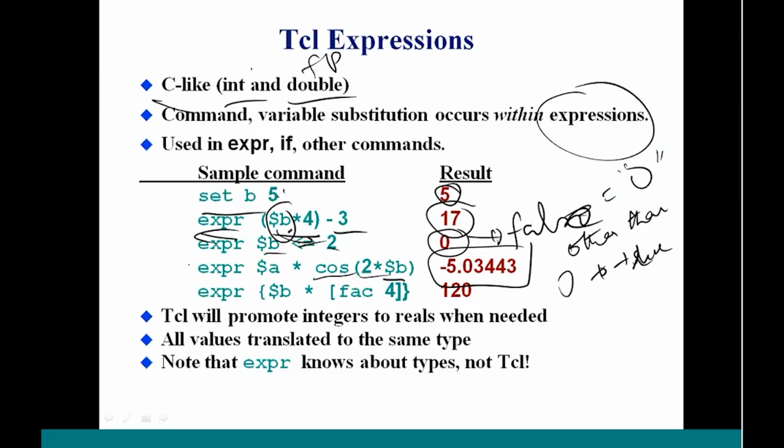Integer has the lowest precedence, and floating point has higher precedence in the expr statement. So if you put a floating point up front, everything is computed as a floating point number. If you put the floating point towards the end, then until that time it's computed as an integer, and then towards the end it is turned into a floating point. We will see some examples as to how this will affect things.